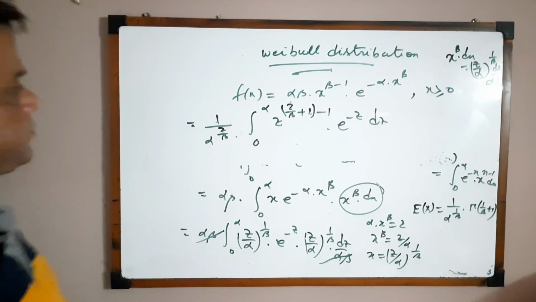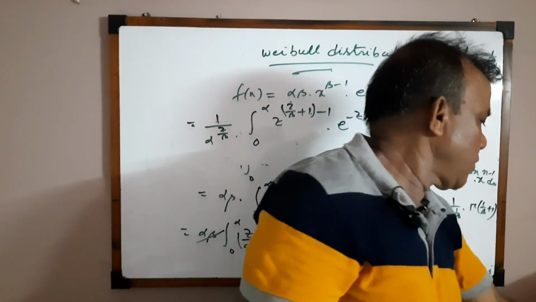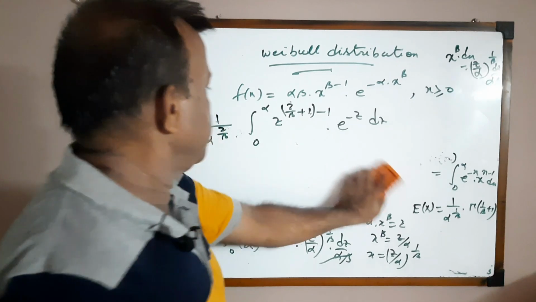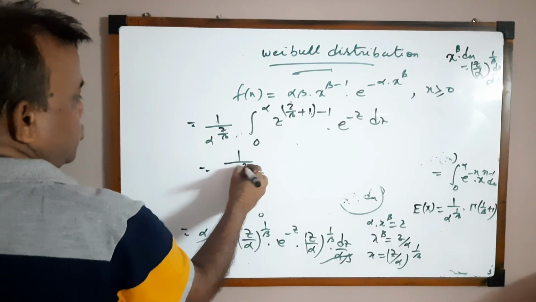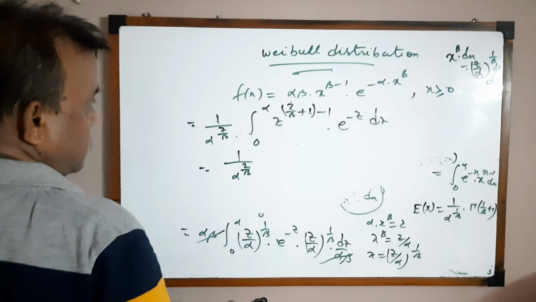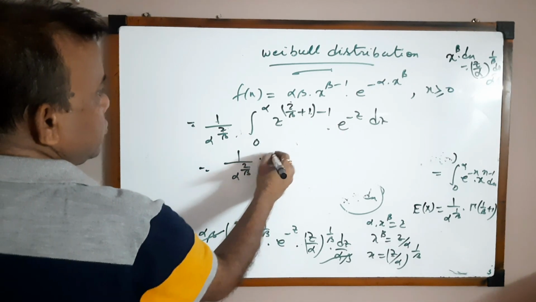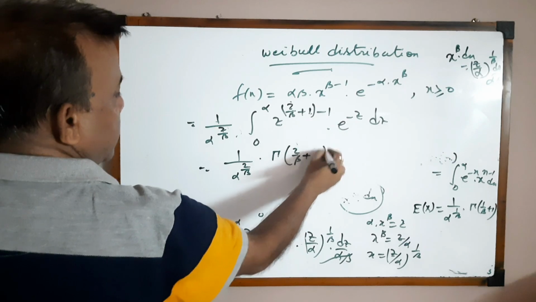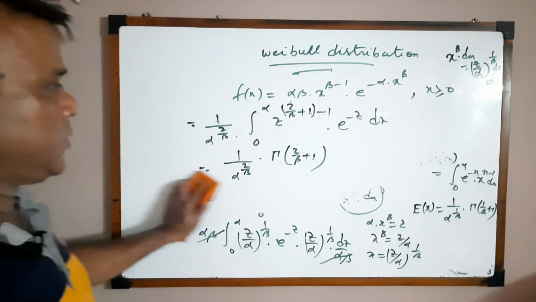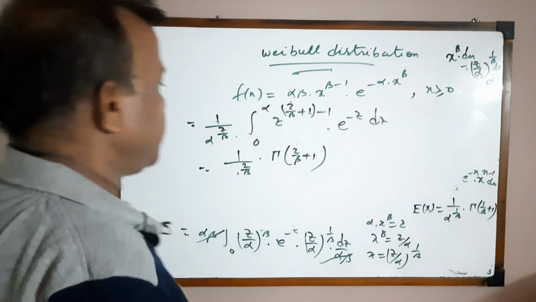Okay. One by alpha to the power 2 by beta into gamma 2 by beta plus 1. E(x square) means this one.